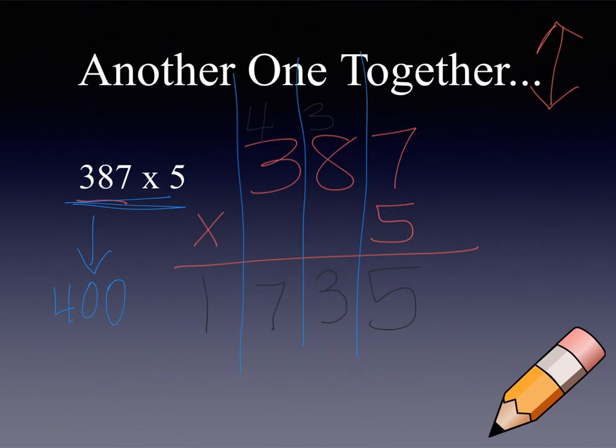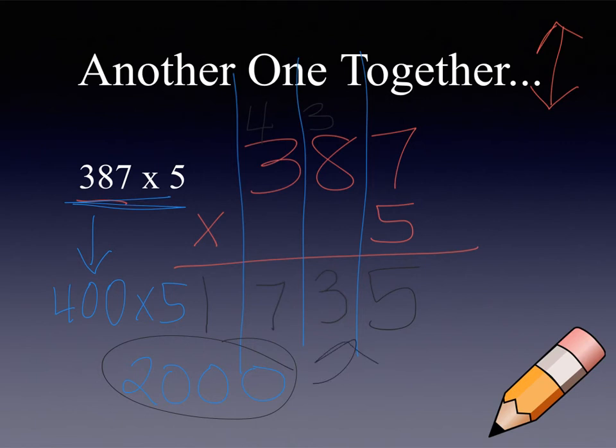I'm going to get about 400. So if I multiply 400 times 5, I know that 4 times 5 is 20, so 400 times 5 is 2,000.